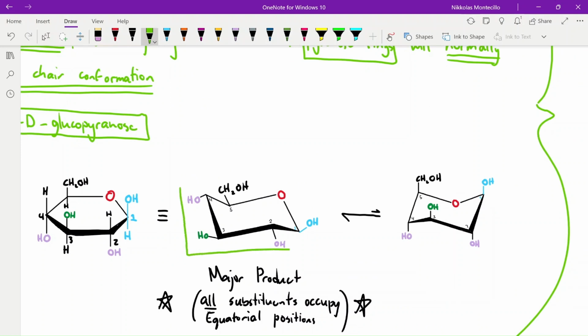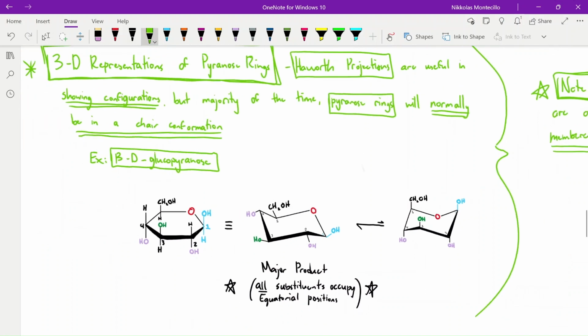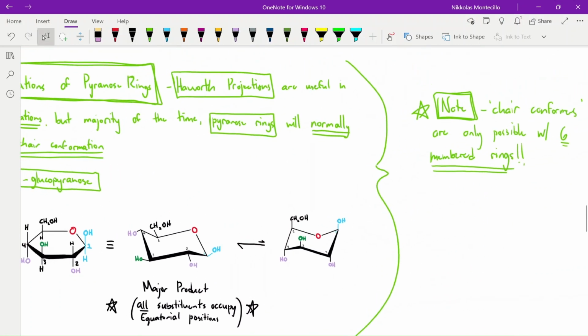It's usually the chair conformation that has all the substituents occupying equatorial positions, because generally speaking, a substituent occupying an equatorial position is relatively more stable than the opposite chair conformation where the substituent is placed on an axial position. Okay?